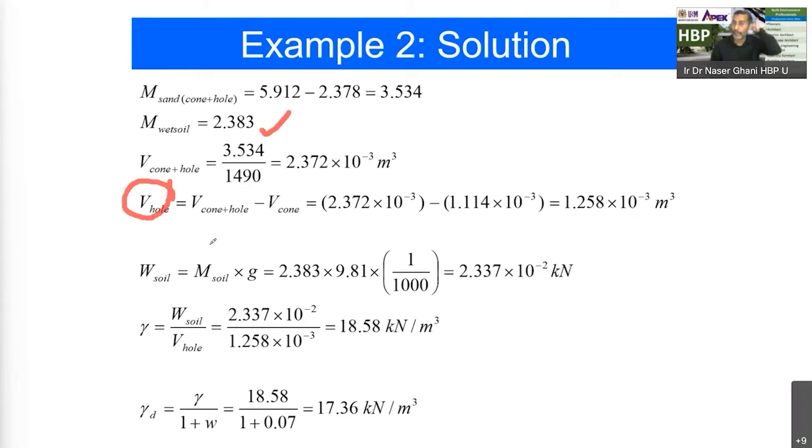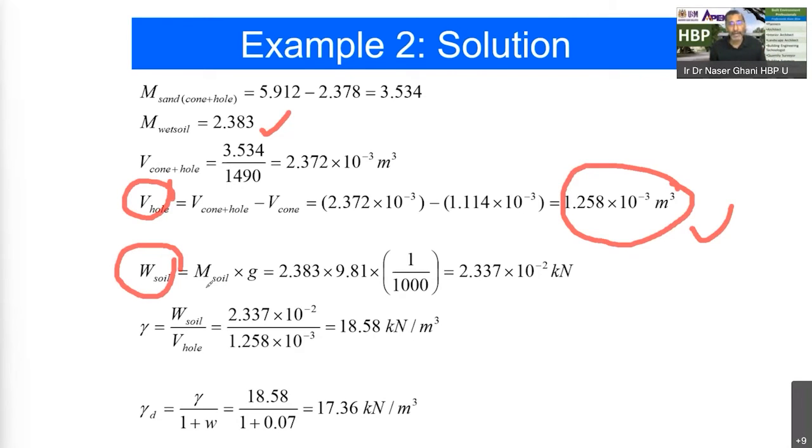That means we need to deduct the volume of the cone, or the weight of the sand in the cone. Then we can find out the volume of the hole, which is uneven. That's why we need to use the sand. And then for the wet soil, you just weigh it. The density of the wet soil is the weight of the wet soil divided by the volume of the hole.